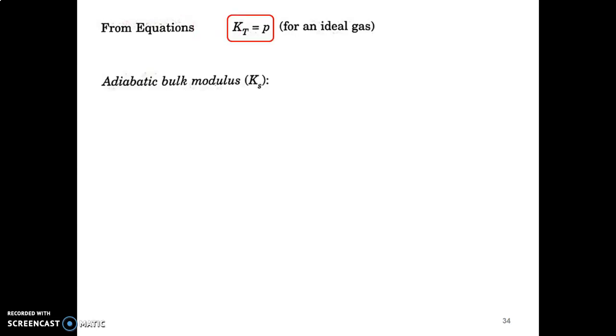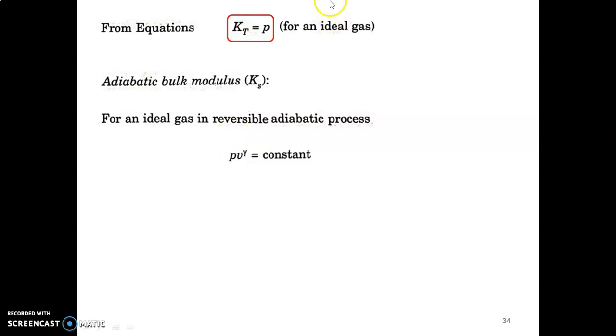Now the adiabatic bulk modulus, K suffix S. Let us find a relation just like in the case of isothermal flow. For an ideal gas in a reversible adiabatic process, our relation is PV raised to gamma equal to constant, where gamma is the adiabatic index. Here also small v is the specific volume, P is the pressure.